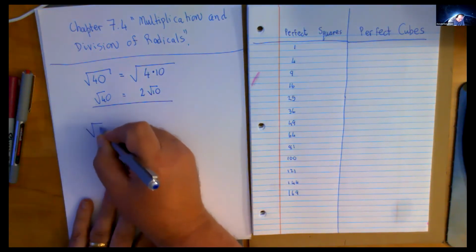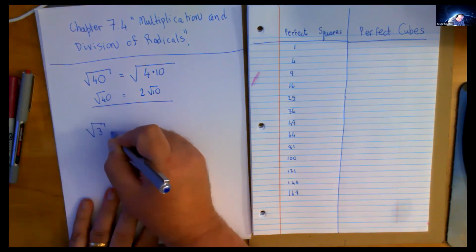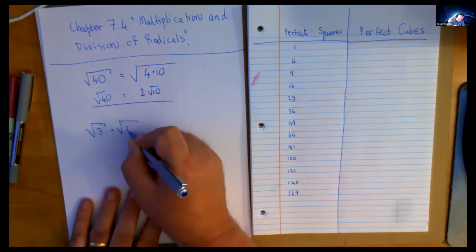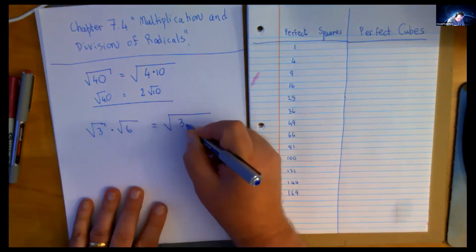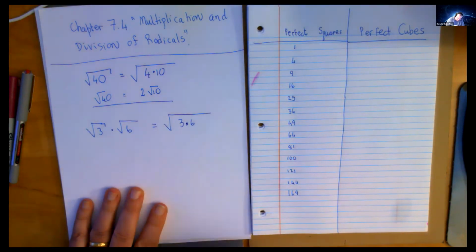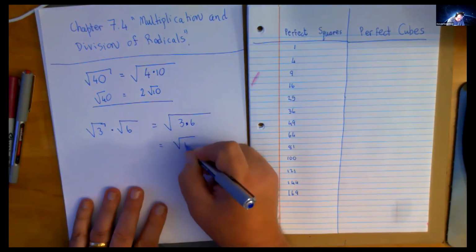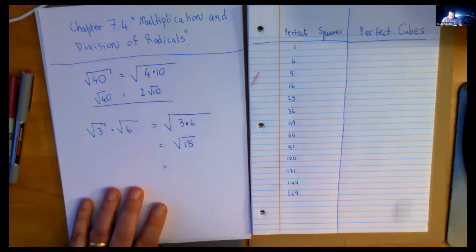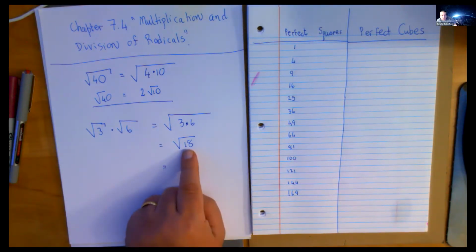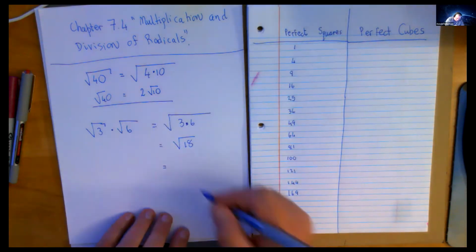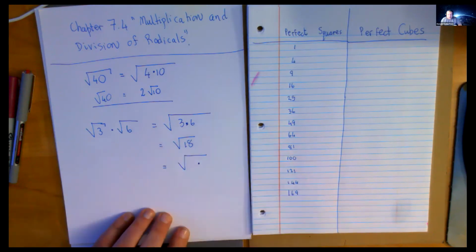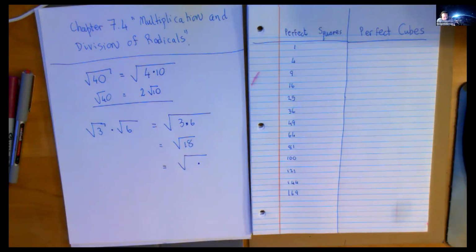Secondly, do you know if you have the square root of 3 and you multiply it, say, by the square root of 6, you are allowed to combine them into a single multiplication, 3 times 6, which is now the square root of 18. Sometimes that's you finished, but not always. Do you notice that the square root of 18 can be simplified? You're going to have to find a perfect square times something else that gives you 18. Could someone volunteer the answer to that?